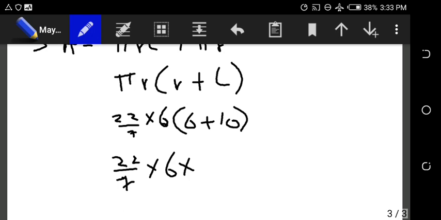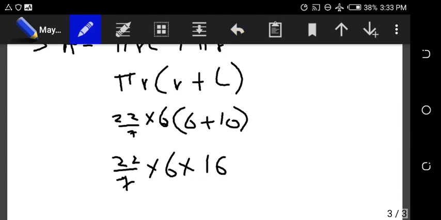We have to solve the bracket, so the 6 plus the 10 in the bracket will give us 16. So we have 22/7, that's our pi, times our 6, which is our r, then in the bracket, r plus l, that's 6 plus 10, which simplifies to 16.